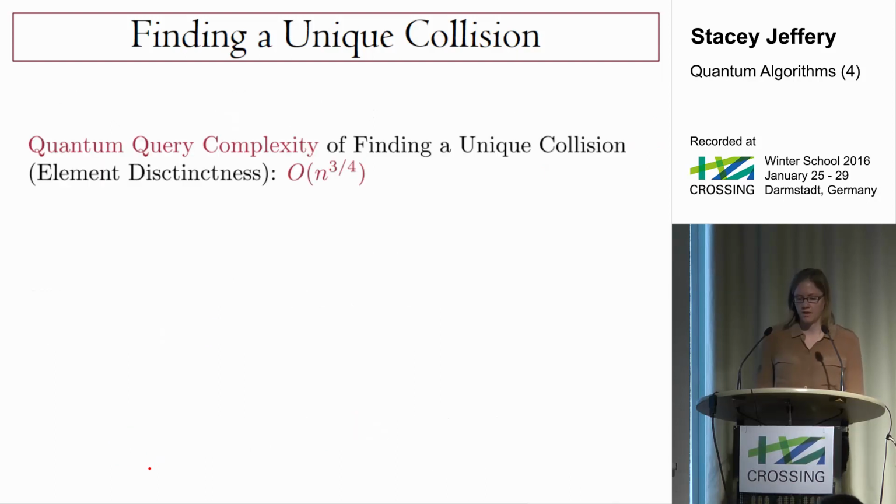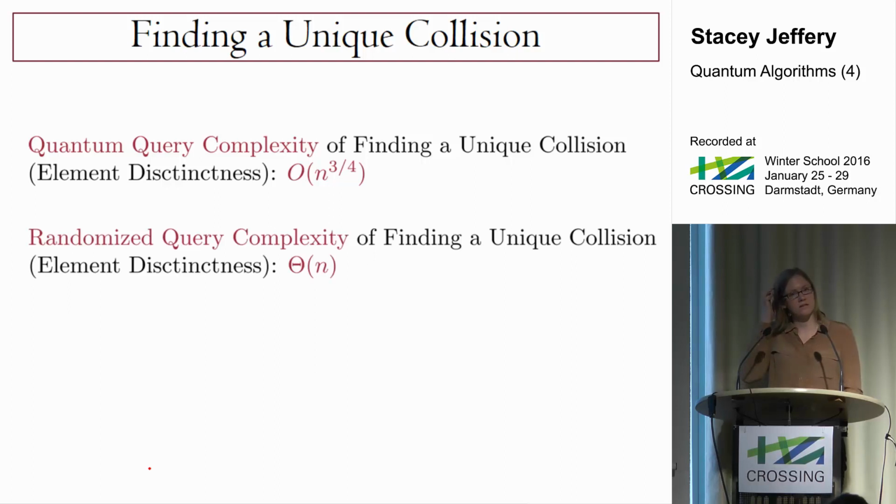Okay, so the quantum query complexity of finding a unique collision, this problem, which is also called element distinctness, we just showed an upper bound of n to the 3/4. And in comparison, classically, the randomized query complexity is n.